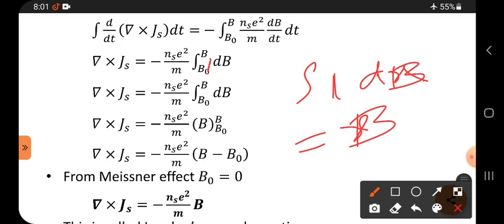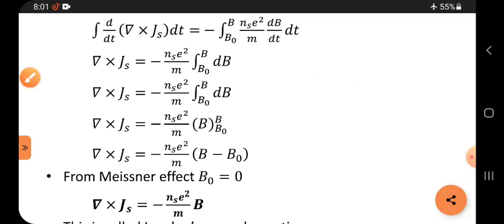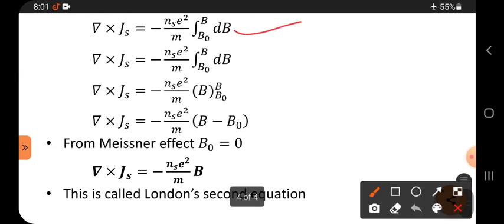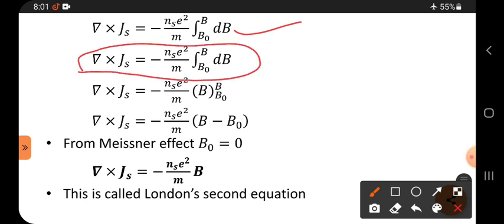But the limits are from where to where? b naught to b. After integration, what we have to substitute? The limits.